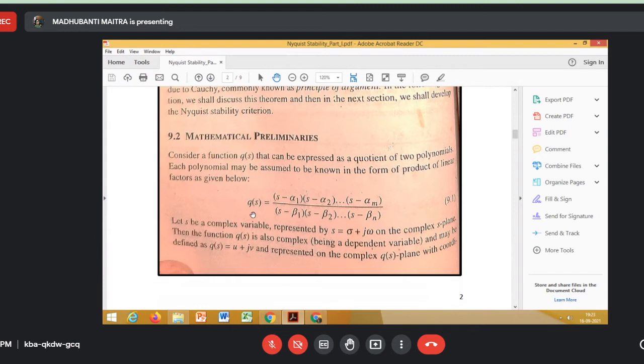For any function represented in this particular form, we can associate zeros and poles with that function. Yes or no?